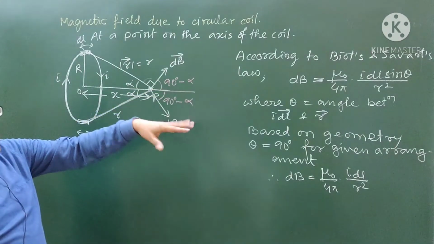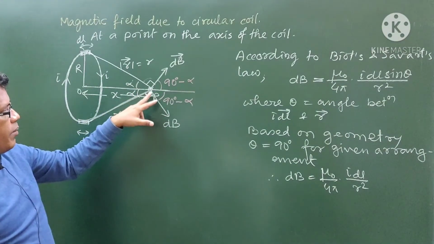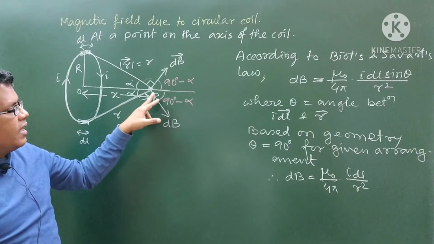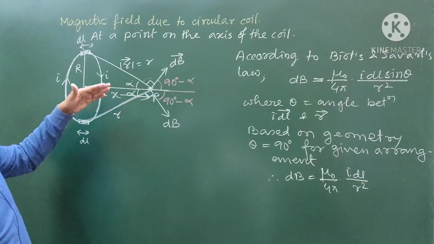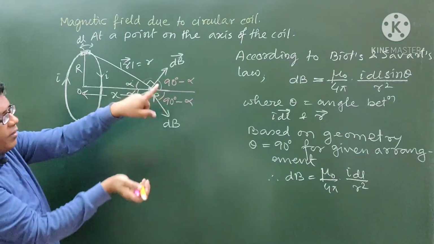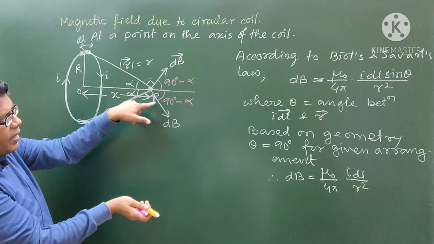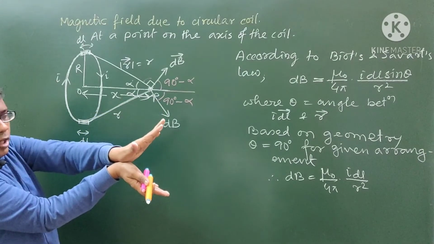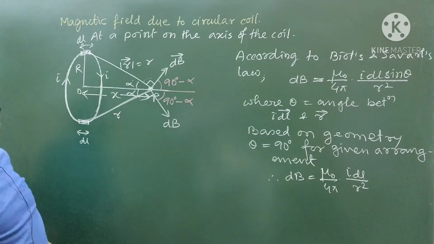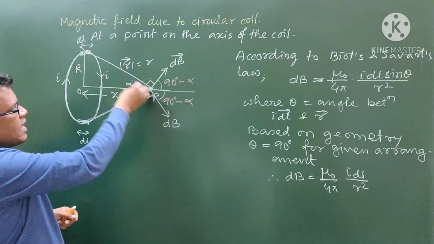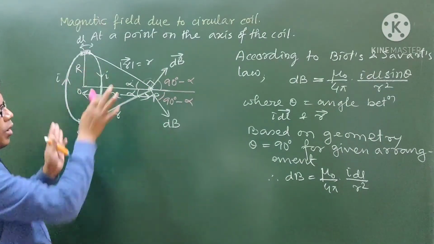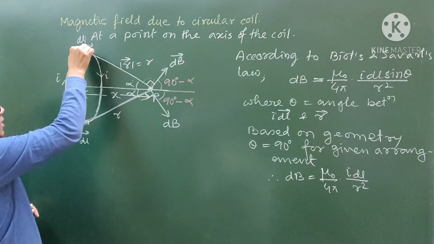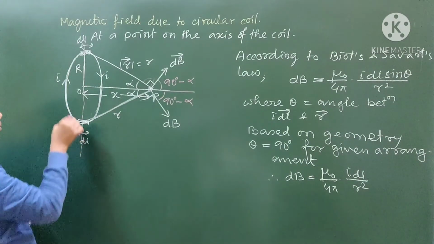So for one pair of diametrically opposite elements, according to the convention of Biot-Savart's law, the dB at a point P on the axis, at a distance x, appears at an angle of divergence of 180 minus 2 alpha, that is 90 minus alpha plus 90 minus alpha. You can see these lines constitute one plane.